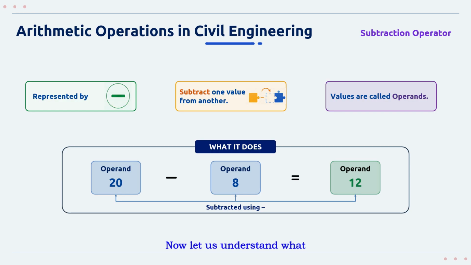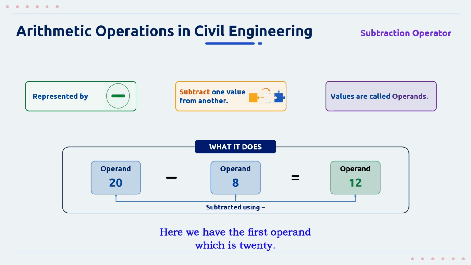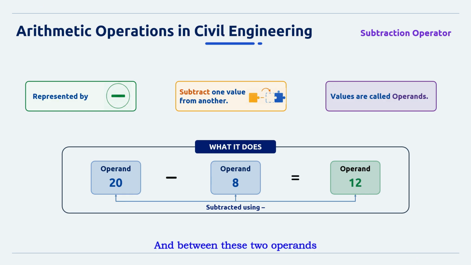Now let us understand what actually happens when Python performs subtraction. Here we have the first operand, which is 20. Next we have the second operand, which is 8. And between these two operands we have the minus sign, also known as the subtraction operator.